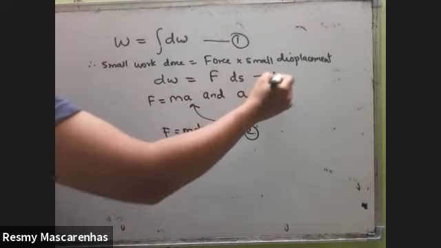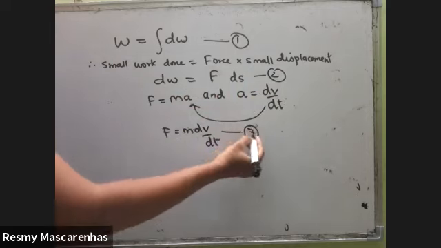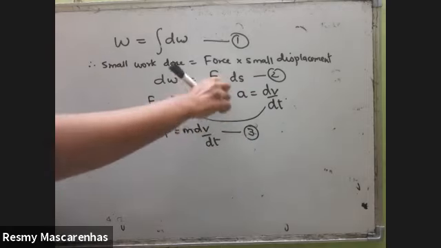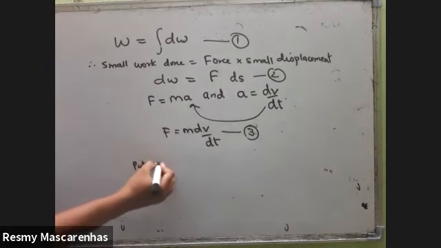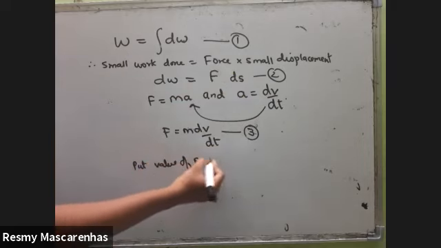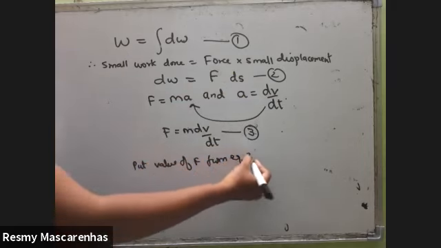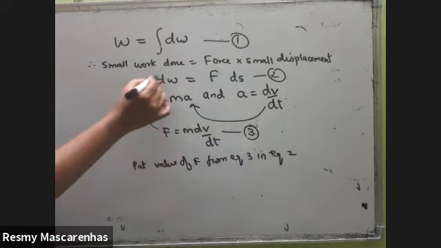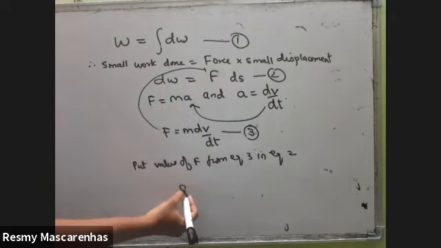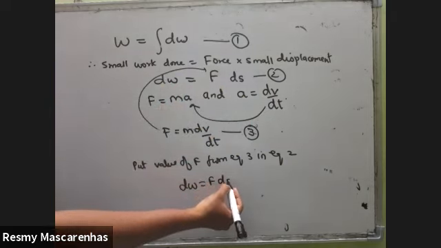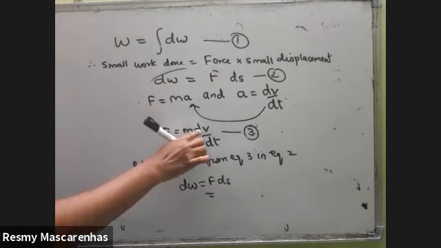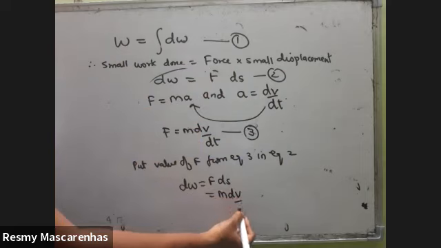This I kept as 2, and this was 3. So put the value of F from here to here. So dW is nothing but F ds, and F is m dv by dt.